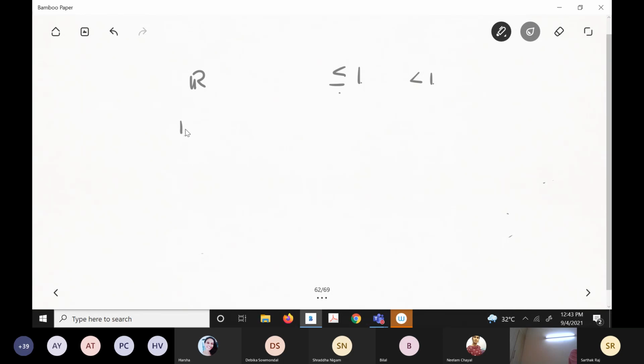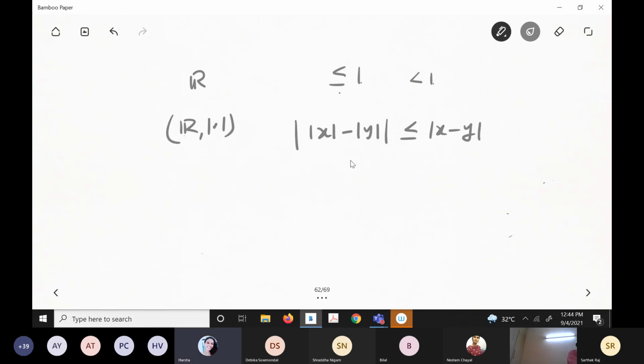Now look here. I had the triangle inequality, but look at this thing. Is it true or not? How do you prove it?